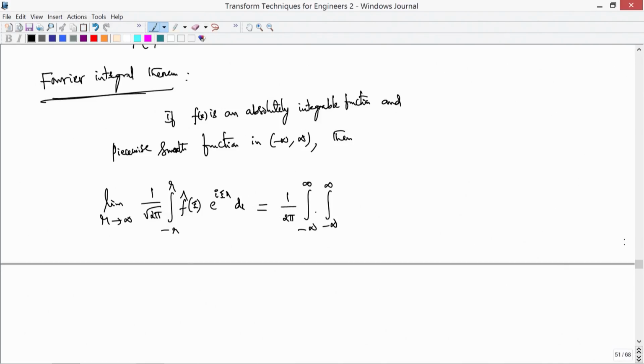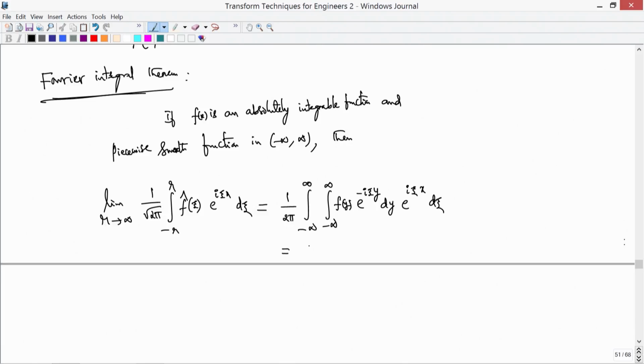And this is the definition of the Fourier transform: f of x e power minus i xi x dx, this is d xi, and you have e power plus i xi x d xi. I will use a different notation, let us use dy, so you have dy here. This is the dummy variable. So this is exactly your Fourier integral theorem.